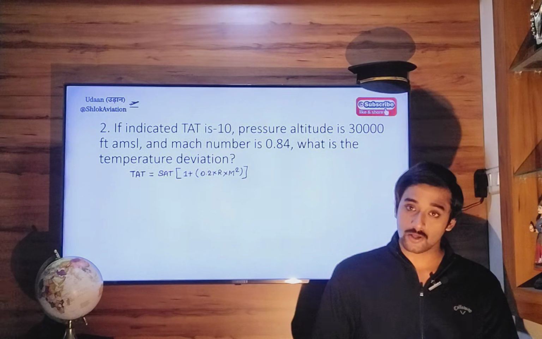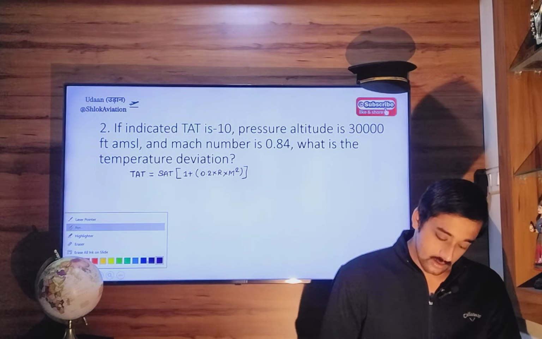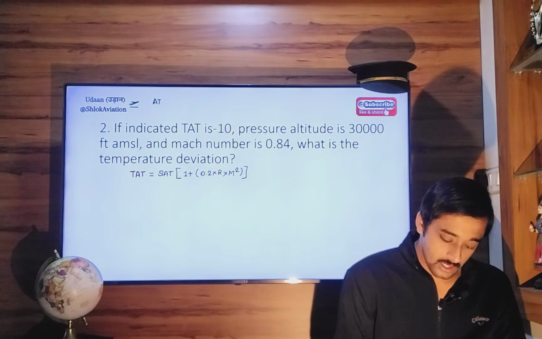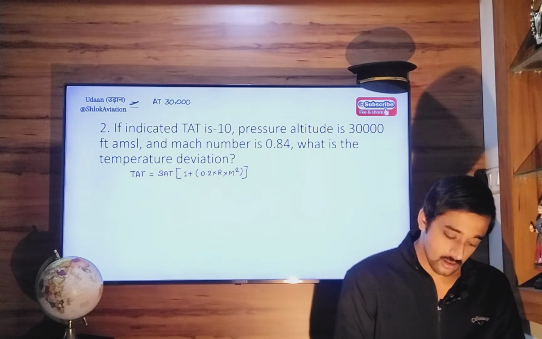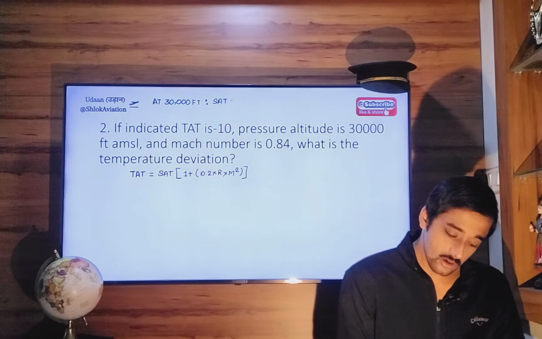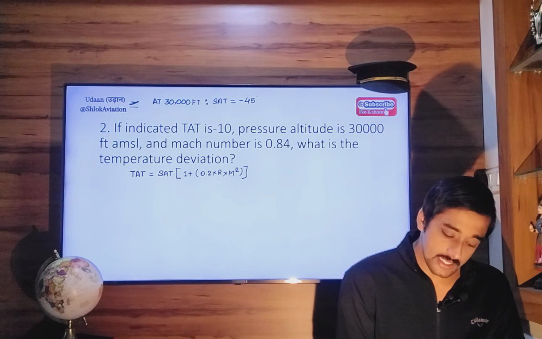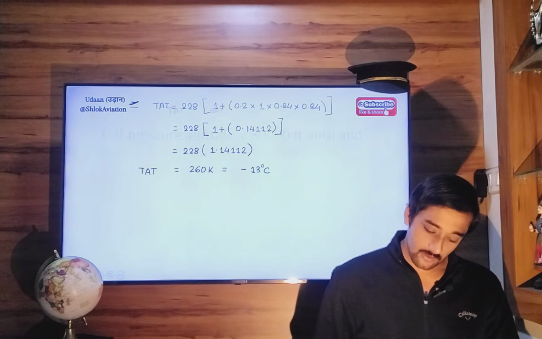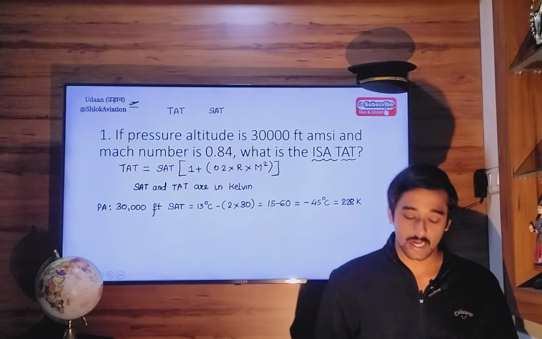So at 30,000 feet, static air temperature is equal to minus 45 degrees Celsius. Now minus 45 degrees Celsius is equal to 228 Kelvin, right?